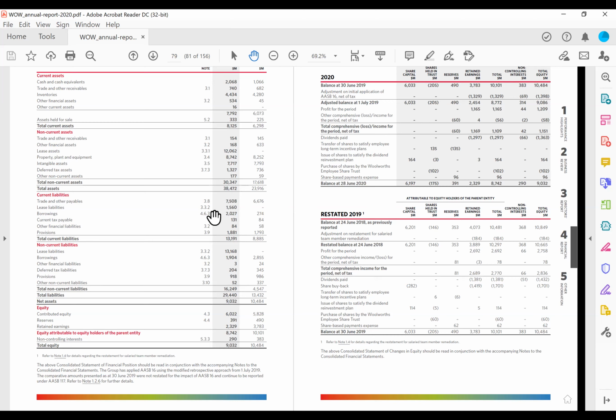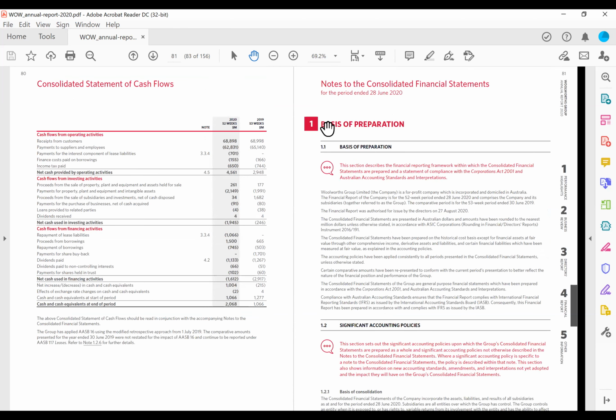Okay. All right, then we come to the notes. And the notes, as we noticed in the contents, go for many, many pages. It's very long, so we're not going to go through them, but you can have a look through yourself and just see the type of information that you get in there. You need to be confident with looking through this part of the annual report.